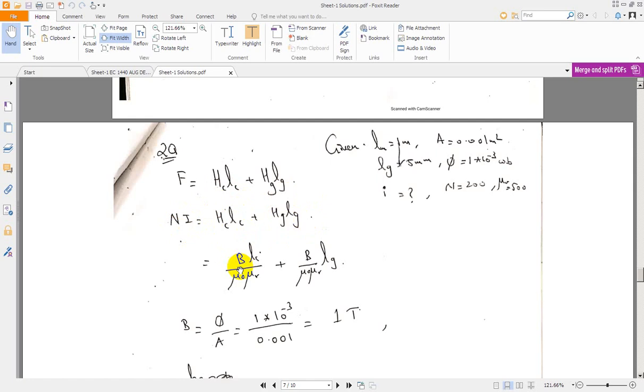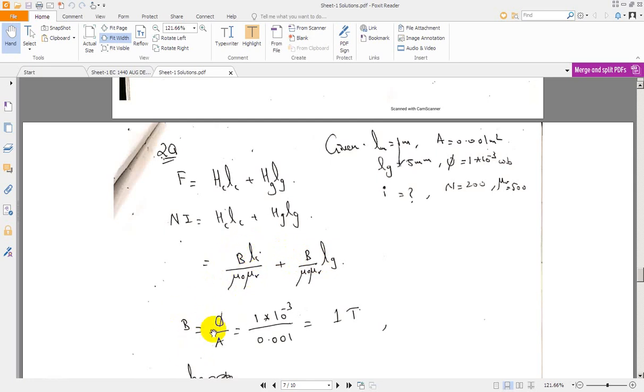Hc can be written as B by mu naught mu r into Lc plus B by mu naught for the air gap into Lg. Why are B and B the same? Because the cross sectional area of the air gap and of the ring is the same, hence the flux density will be the same.